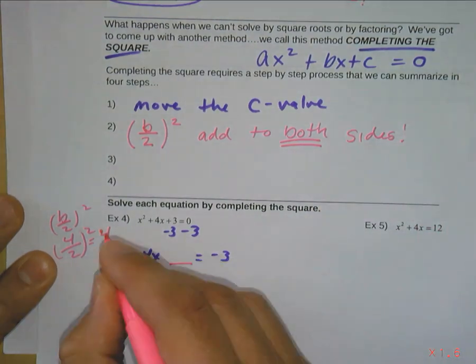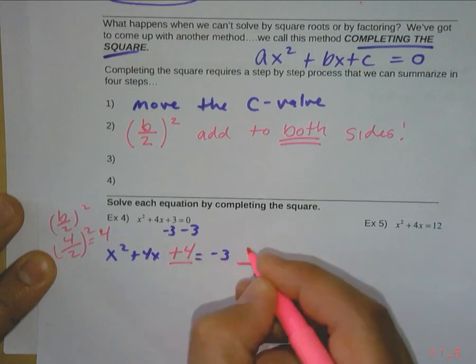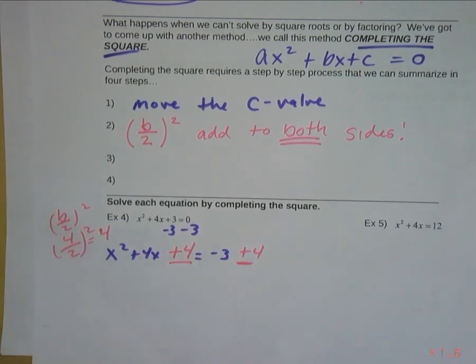So I'm going to take that b over 2 squared and add it over here, and I'm going to add it over here. Okay? The reason why is, think of an equation as a scale. You guys know what a scale is, right? Back in the day, if you put weight over here, it changes it, right? Try to make it equal.